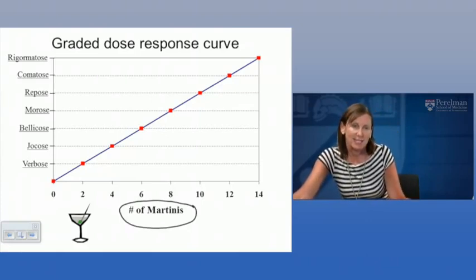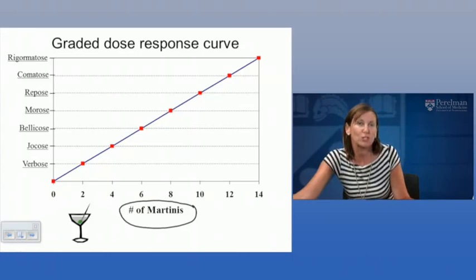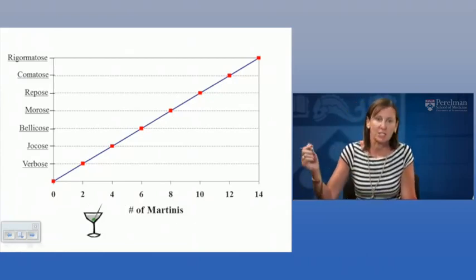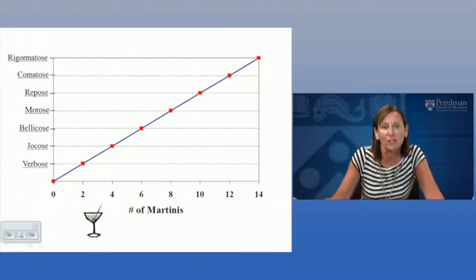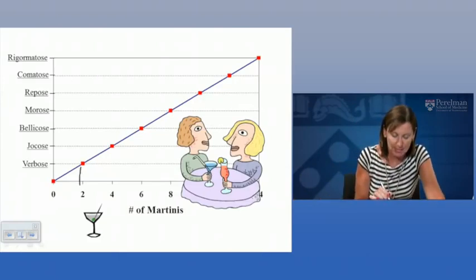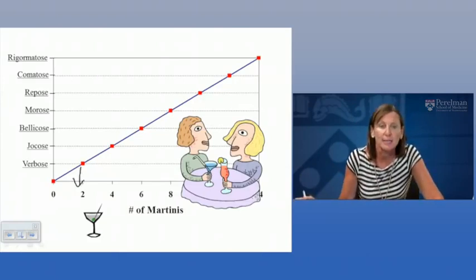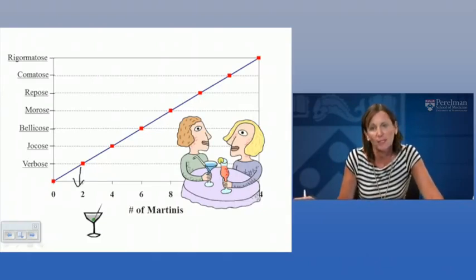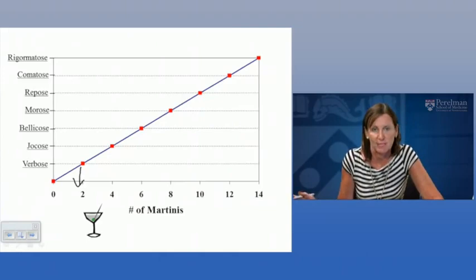On the y-axis is what we would, from a social perspective, appreciate that happens after social drinking. So in this particular example, we can say that after an individual has drunk maybe 2 glasses or 2 units or 2 drinks, they become more verbose, more social, tend to talk a little bit more, very nice and pleasant.